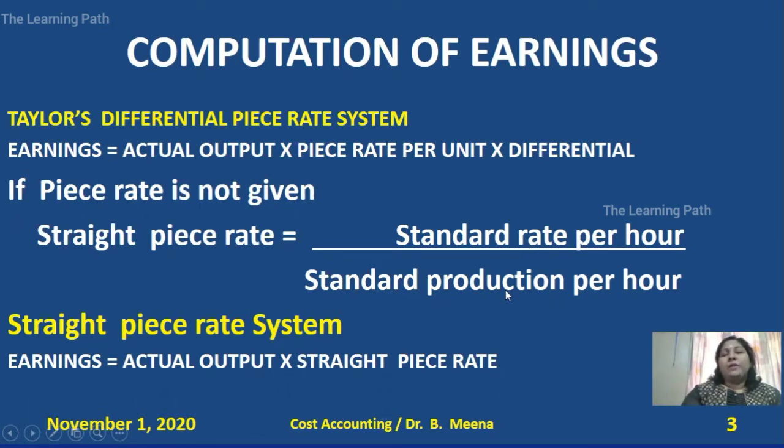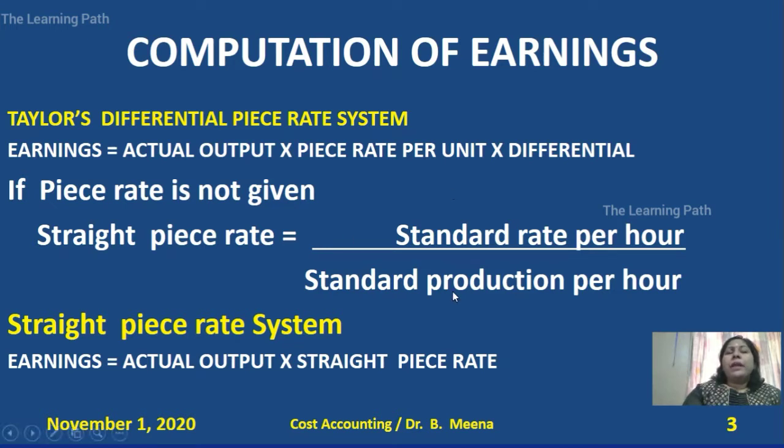Once you find the straight piece rate, you can compare the actual output of each and every worker with the standard set by the company and come to one conclusion: who is below standard, who is at or above standard. For below standard people, 80% will be applicable. At or above standard people are eligible to get 120% of the piece rate.